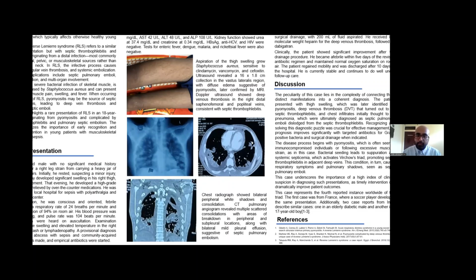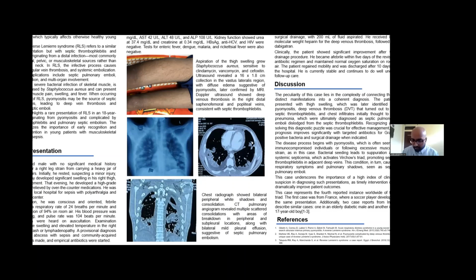Fortunately, after draining the abscess and upscaling the antibiotics to vancomycin and clindamycin, the patient started to improve clinically. His fever started to go down. He became afebrile after almost 2 days of the antibiotics, and after almost 1 week of antibiotics, oxygen therapy, bronchodilators, and anticoagulation, the patient became clinically very well, and we discharged him after 1 week of hospitalization.